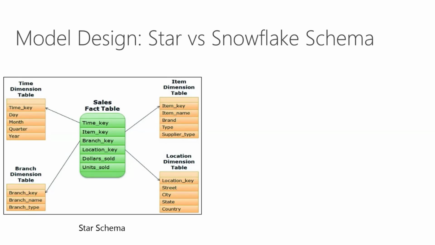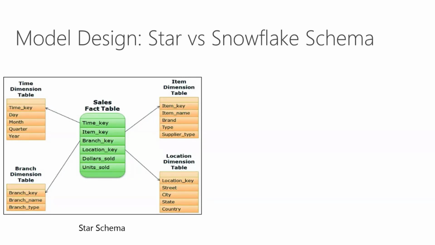Likewise, which branch has the highest or lowest number of dollars sold, and which time period has the highest number of dollars sold, units sold, and basically you can do all types of slicing and dicing from this, and you can take your business decisions by looking at a model like this when it's developed. And that is star schema for you.